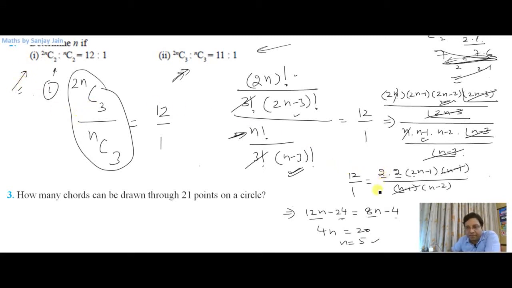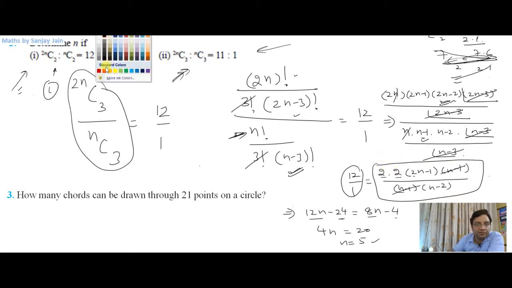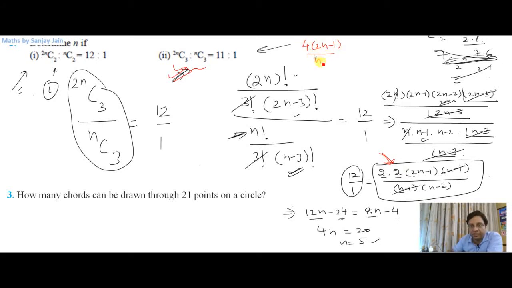Now see, when I had 12 by 1 on this side, this expression can be used in this part also, because this is nothing but this expression, which is 4 into 2n minus 1 divided by n minus 2. But now it is not equal to 12 by 1, it is equal to 11 by 1.